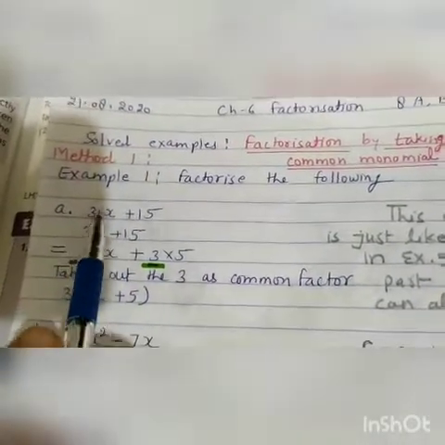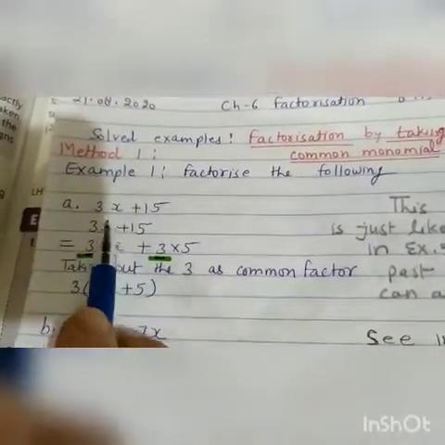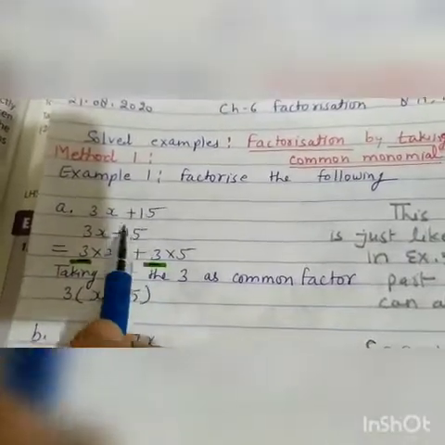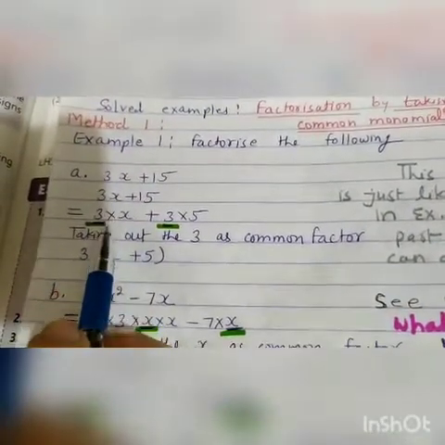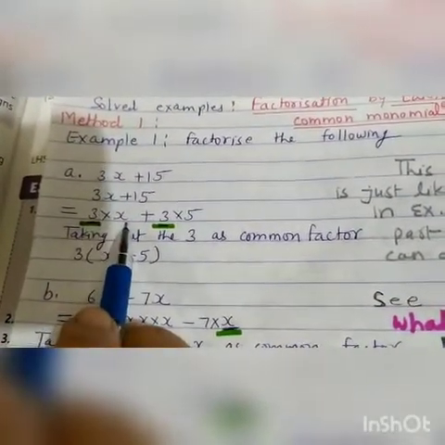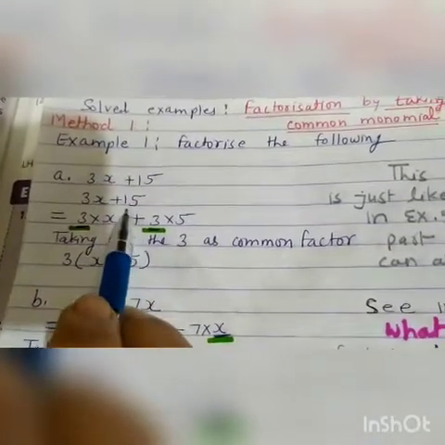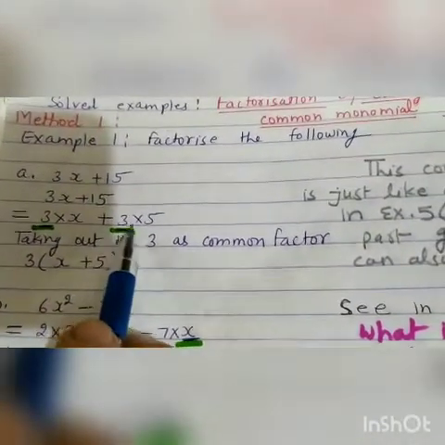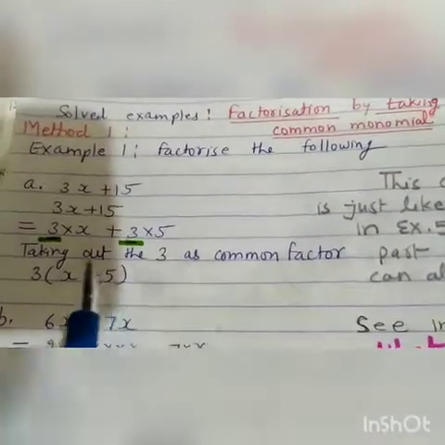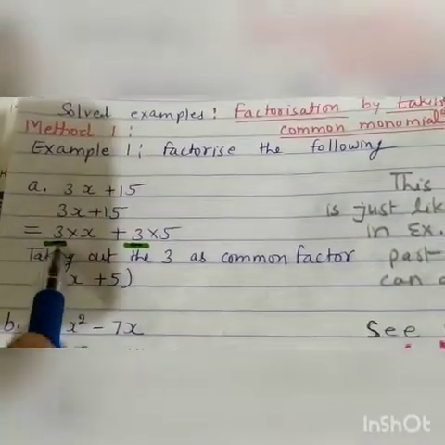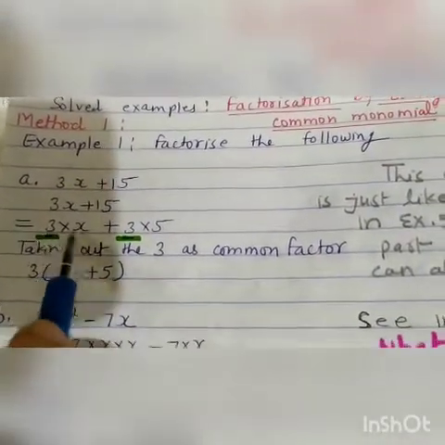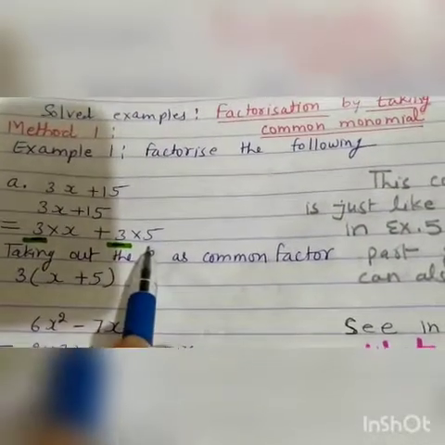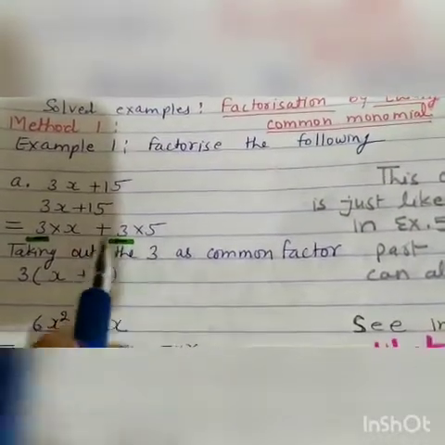Example 1, part A is 3x plus 15. This 3x can be written as 3 multiplied by x, plus, then this 15 can be written as 3 multiplied by 5. Now here you see these are two terms. The first term is 3x and the second term is 3 multiply 5, that is 15.